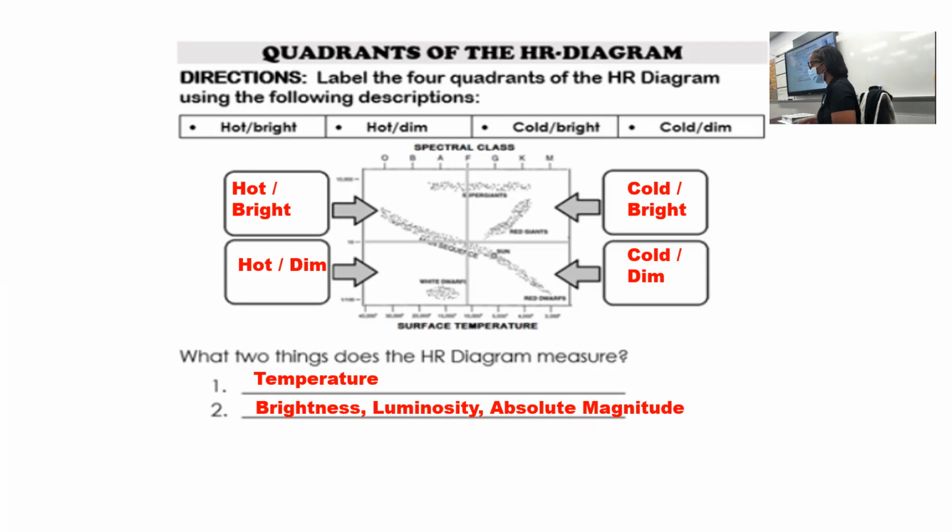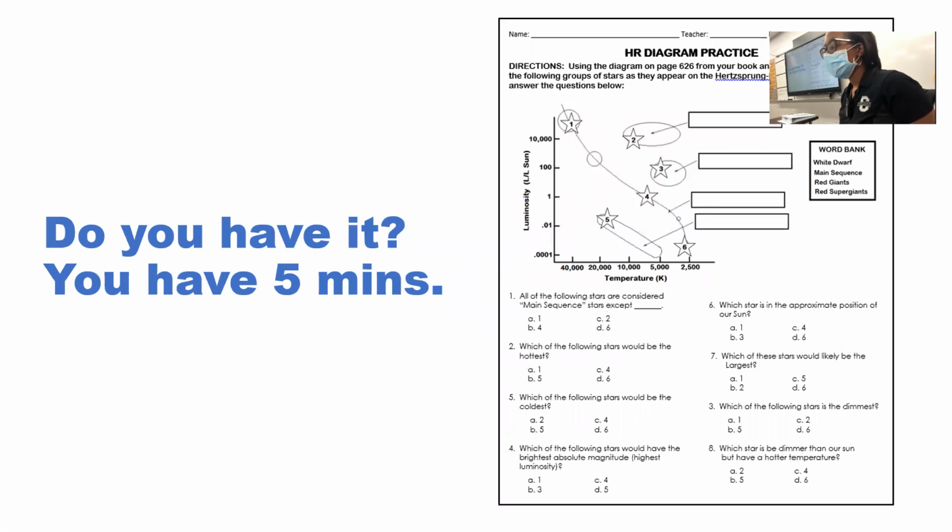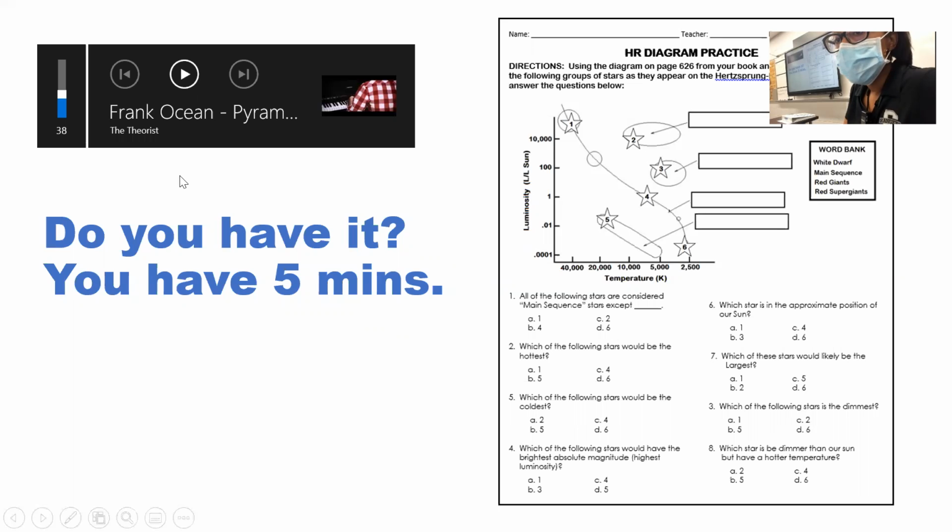Yeah, temperature and brightness is perfect. Some kids like to say magnitude, some people like to say luminosity, they're all the same. We're not doing the bottom. You're never gonna have to graph it, so I'm not even worried about that. Let's go to this one right here. I'm gonna give you 5 minutes.